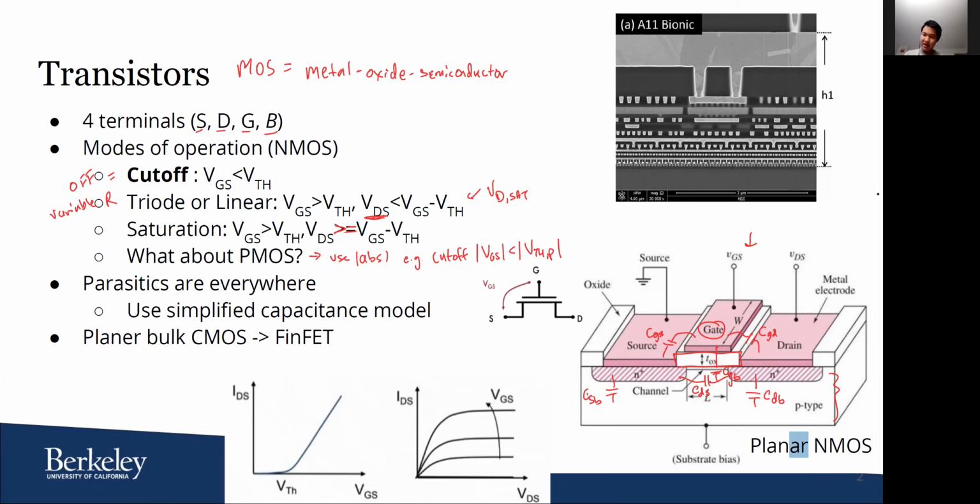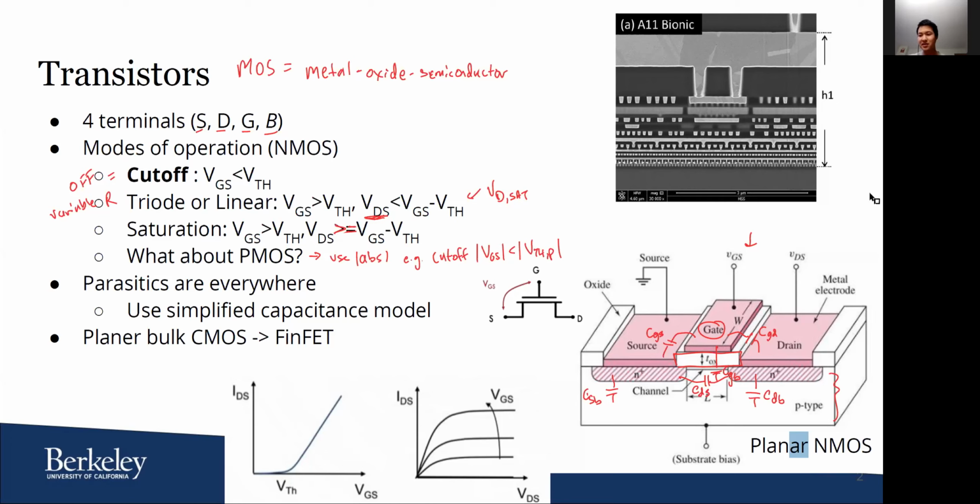Now, for transistors in saturation region, a lot of times the predominant capacitance that you see looking into the gate is actually going to be the gate to source capacitance. But the gate to drain capacitance is also important because it's sort of like a feedback in most cases. And that will degrade the performance of your transistor because the transistor is essentially fighting against the current that you're injecting into the gate. Okay.